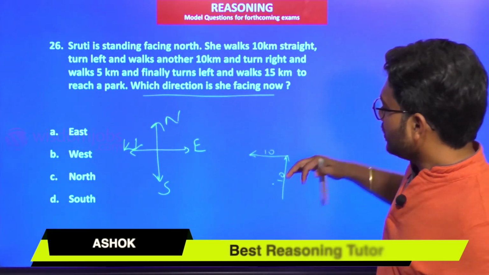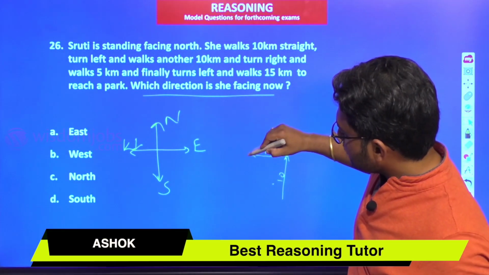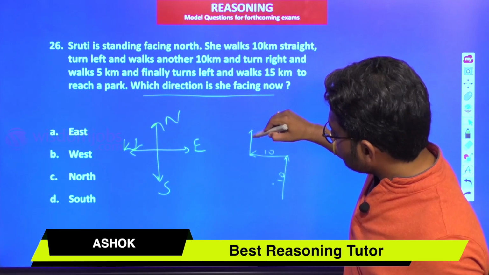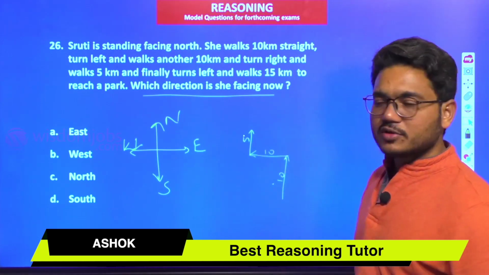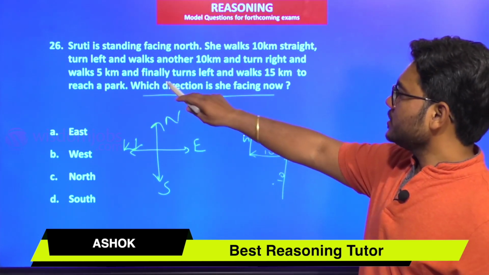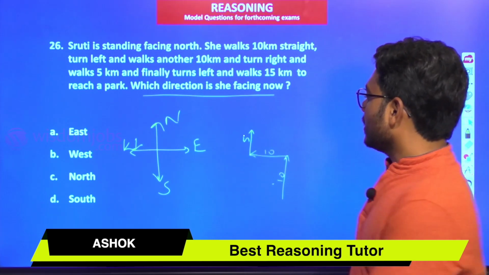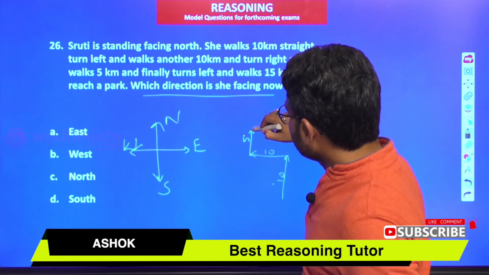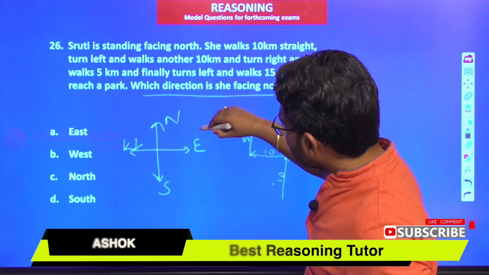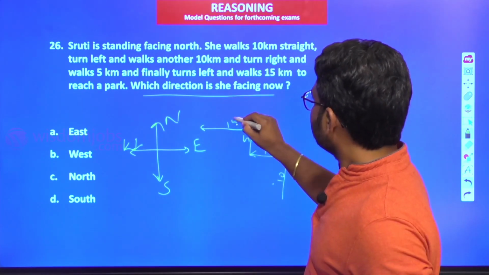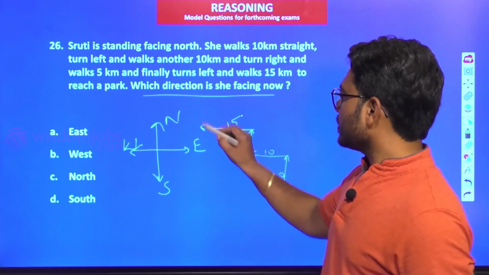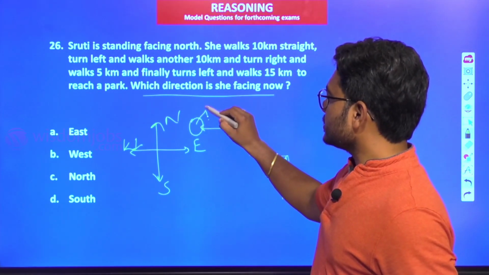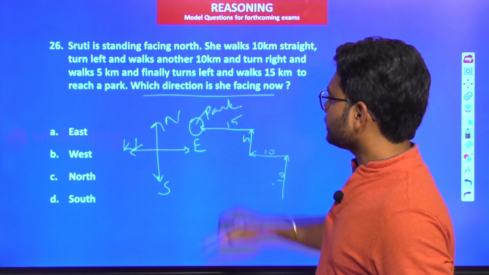After moving in this direction, she finally turns left and moves 15 kilometers to reach a park. So she has reached the park now.